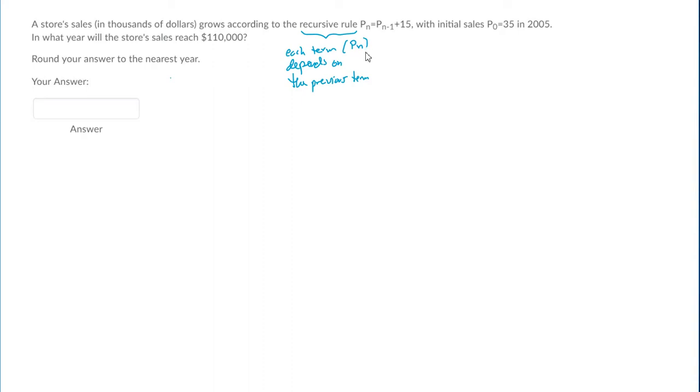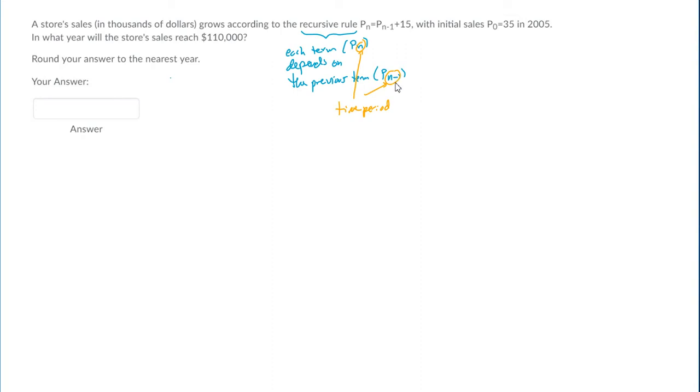P being, I guess, the sales for some reason. So the nth sales level, Pn, depends on the previous term, which would be P in time period n minus 1. So the subscript or index is telling you the time period in each case. So the nth time period depends on the n minus first time period.